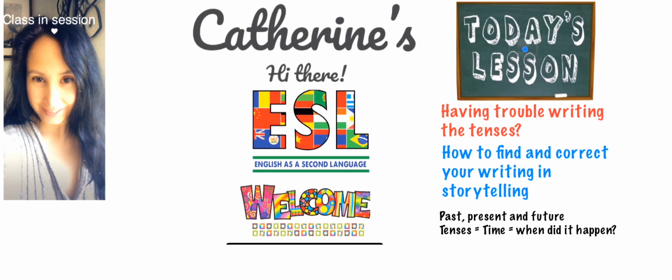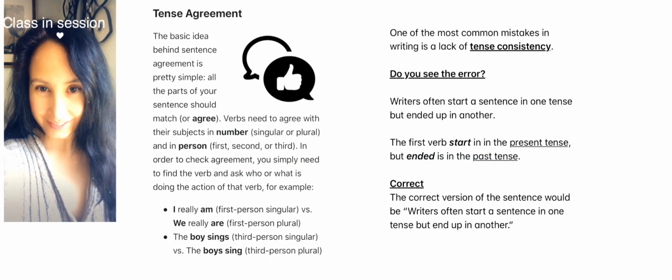Okay, let's get started. So the tense agreement. As you know, the basic idea behind the sentence agreement is pretty simple. The parts of your sentence should match or agree. The verbs need to agree with their subjects in number, singular or plural, and in person, first, second, or third.